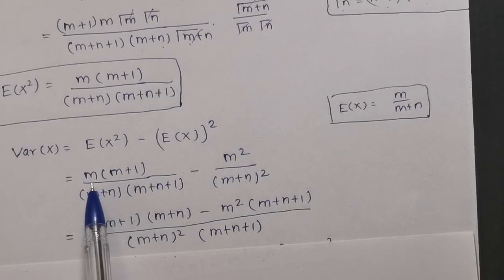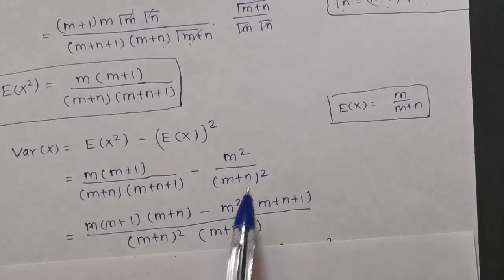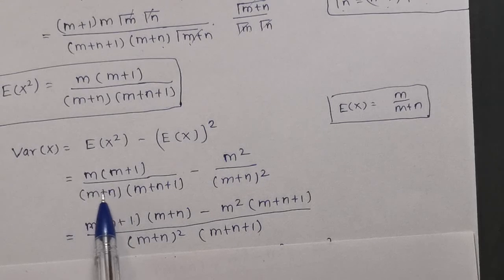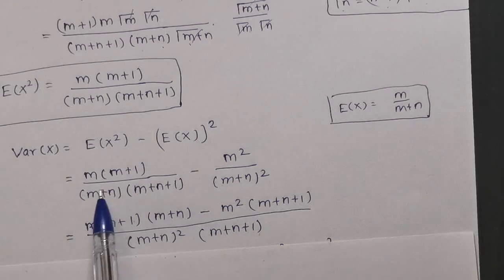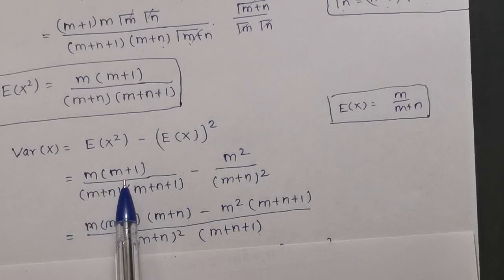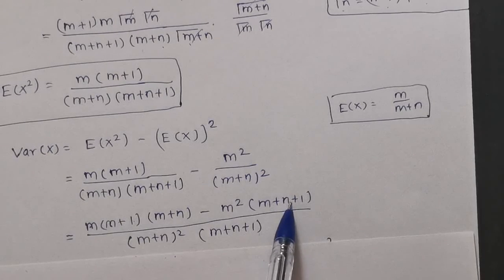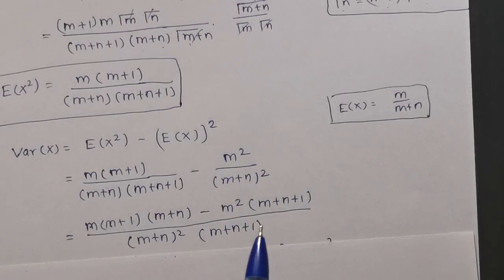First, I take the common denominator, that is m plus n square into m plus n plus 1. I multiply and divide by m plus n, so we get m into m plus 1 into m plus n minus m square into m plus n plus 1. Then I solve the brackets.